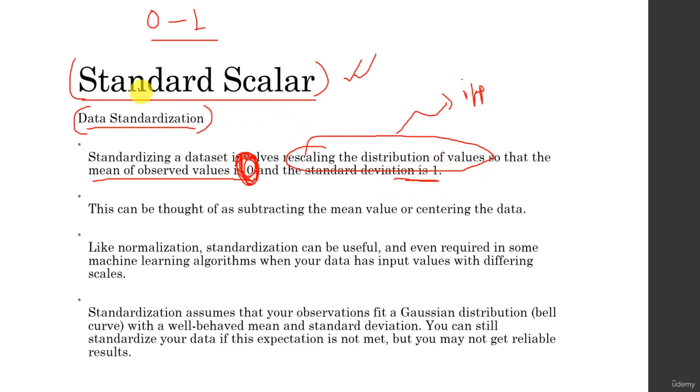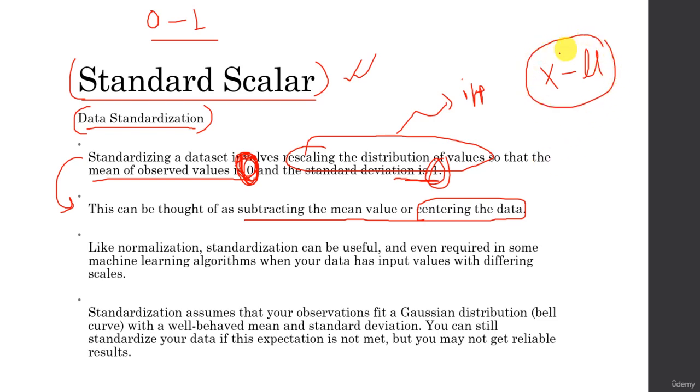So this is what standardization means. Now in order to make your mean 0 and standard deviation 1, what you need to do? You need to subtract your data by the mean value, or centering the data. So you need to subtract any data with the mean value. So this is the first step.